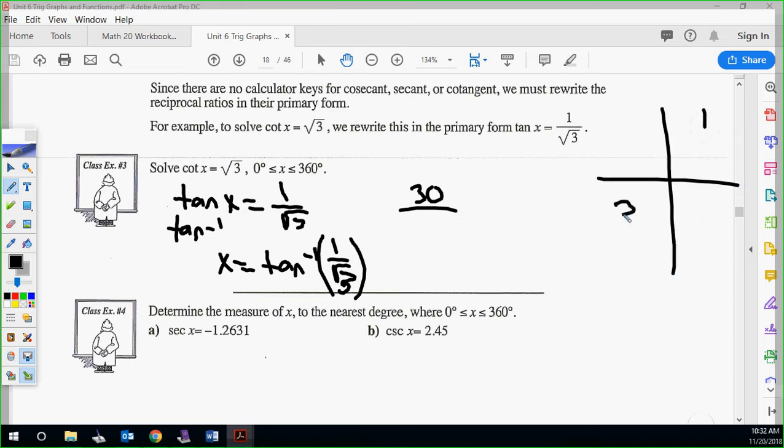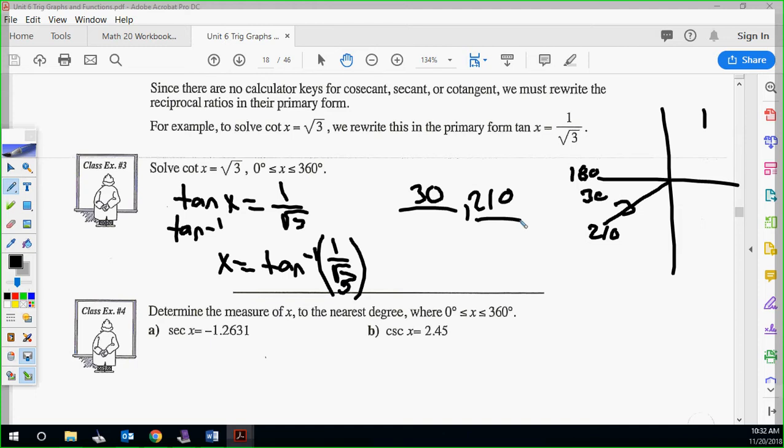Here and here, right? C-A-S-T. Okay, so 30 is an answer because that's quadrant 1, right? What's going to be quadrant 3's? 210, good. 210 because that's 180 plus 30 gets you 210 here. Okay, so 30 and 210 is your solutions. Okay, any questions on that?